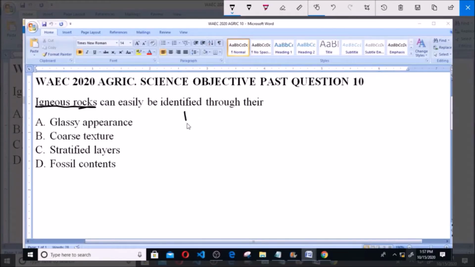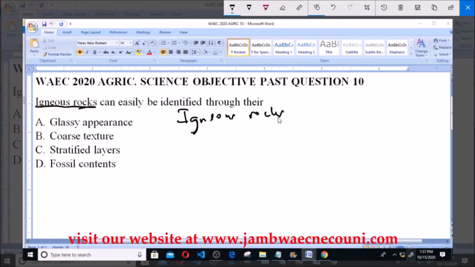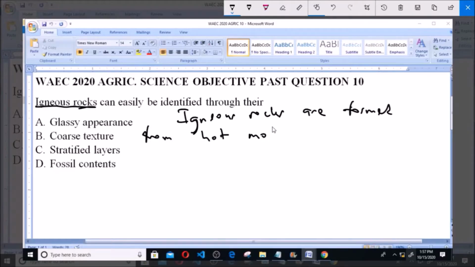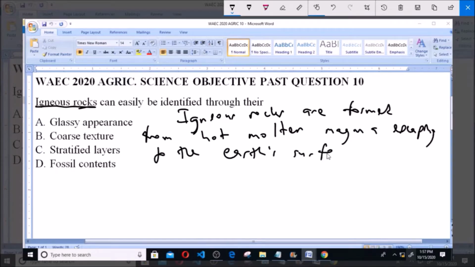Now igneous rocks are formed from hot molten magma escaping to the earth's surface and cooling.